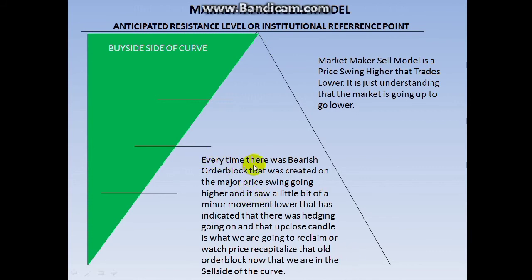Every time there was a bearish order block created on the major price swing going higher, and it saw a little bit of minor movement lower, that indicated that there was hedging going on. And that up close candle is what we are going to reclaim, or watch price recapitalize, that old order block now that we are in the sell side of the curve.